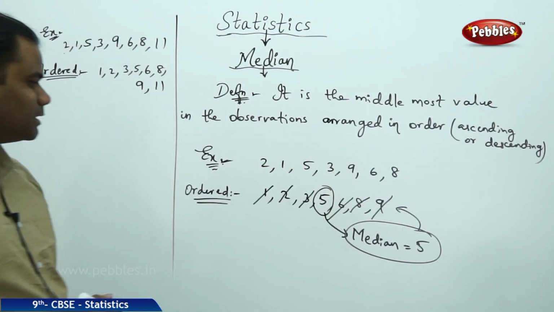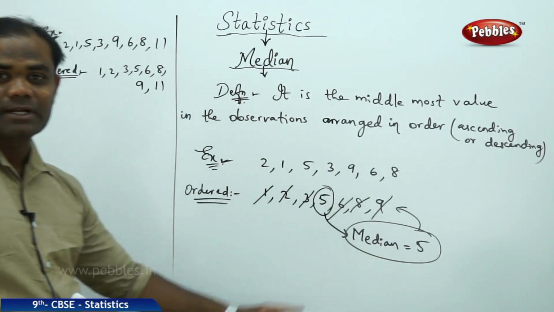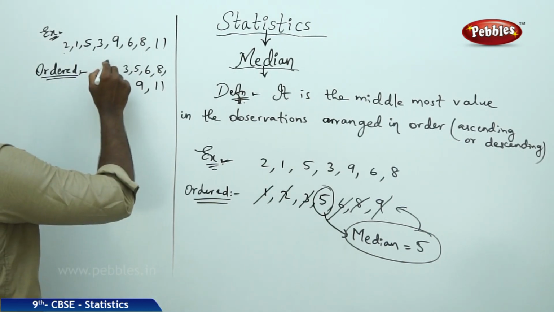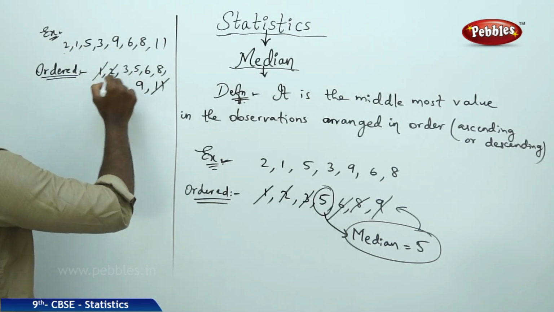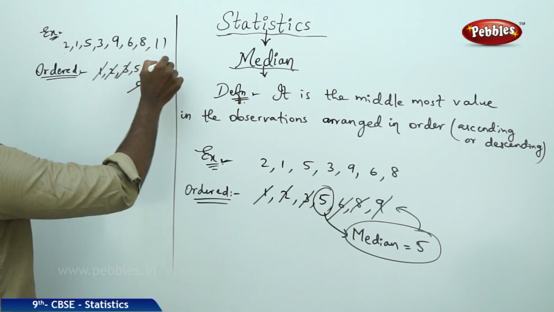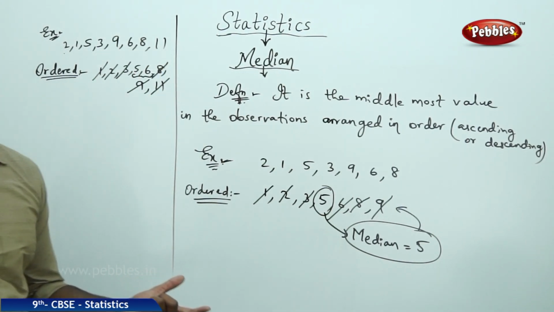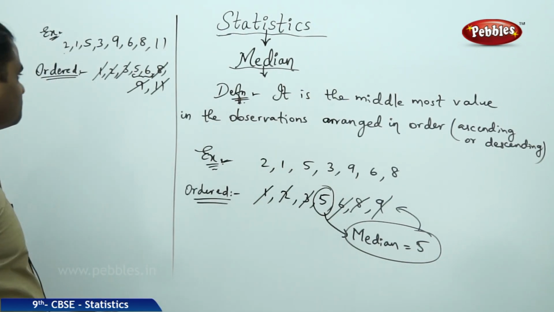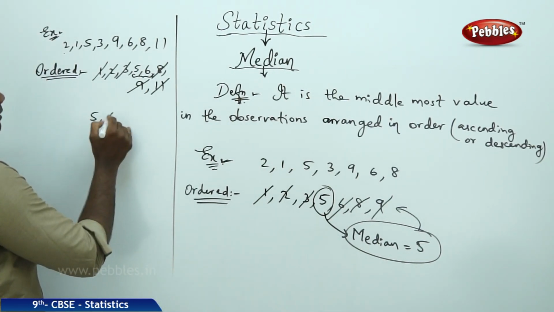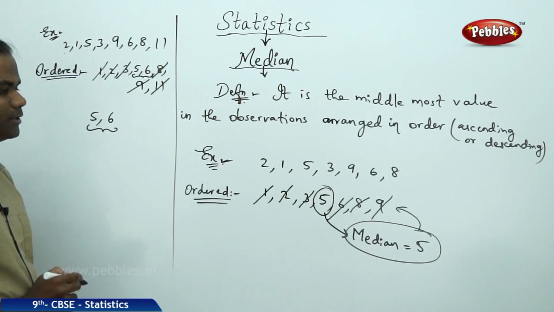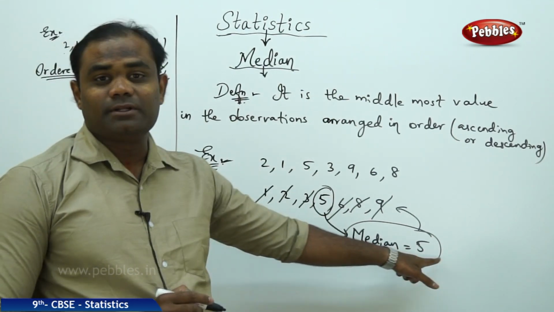Now let's pick the middle term by using the concept of striking off the first and last. The first and the last, second last, third last, but I cannot strike both, then there's no median existing. So here I have 2 terms which are tied. Here there's only 1 term and hence median is 5.